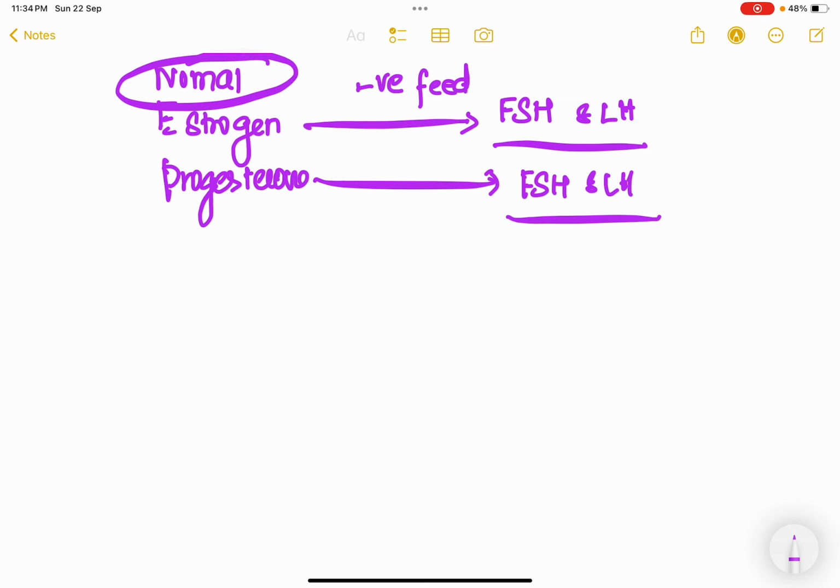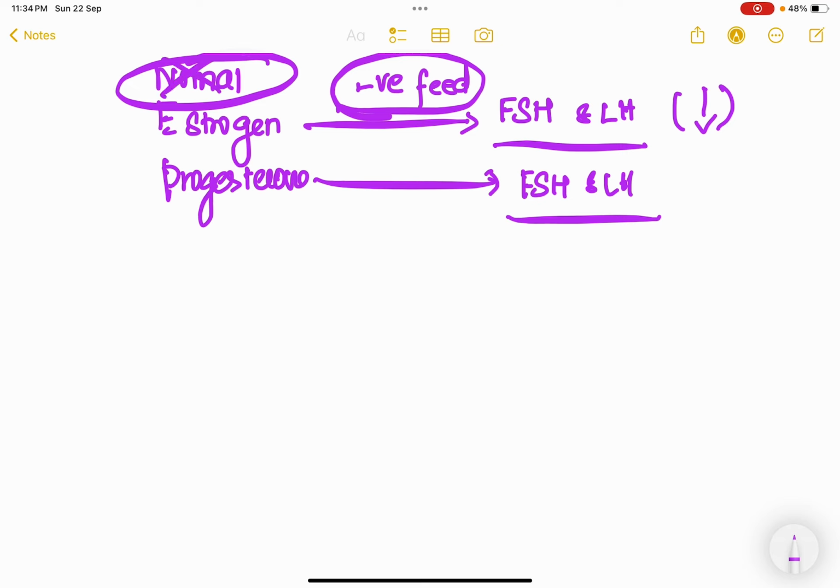What I mean is that in normal females, from the ovaries, estrogen is secreted in normal amount. So when estrogen is in the normal amount, it will have a negative feedback on FSH and LH, and their levels will decrease. But in patients with Turner syndrome, since the ovaries are streak, underdeveloped ovaries, the levels of estrogen are not going to be normal.